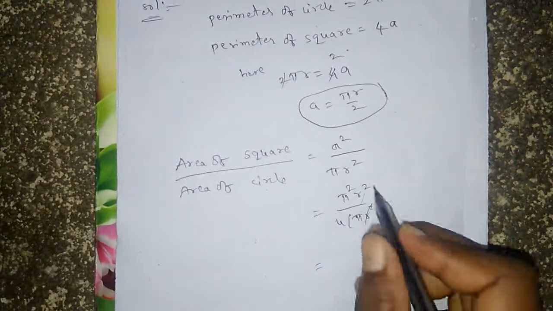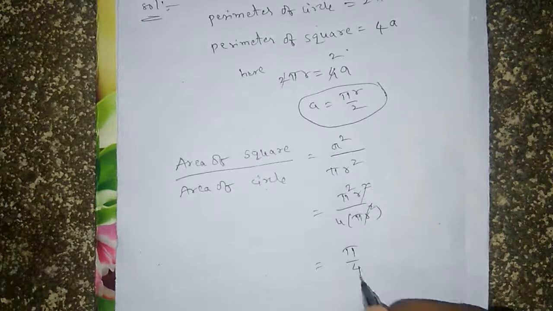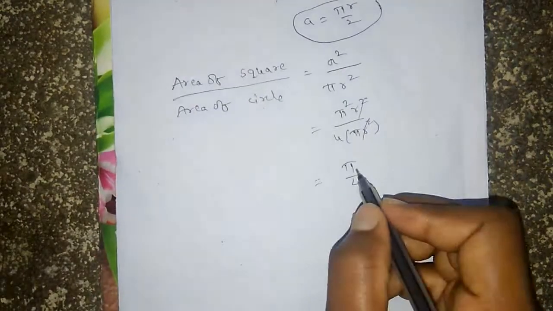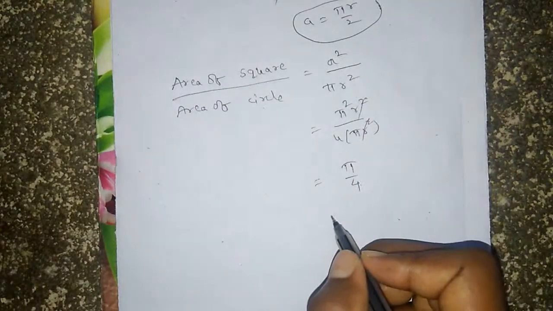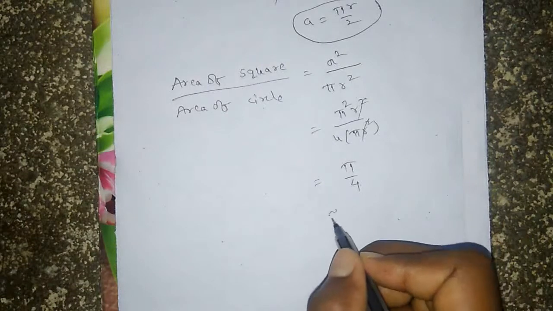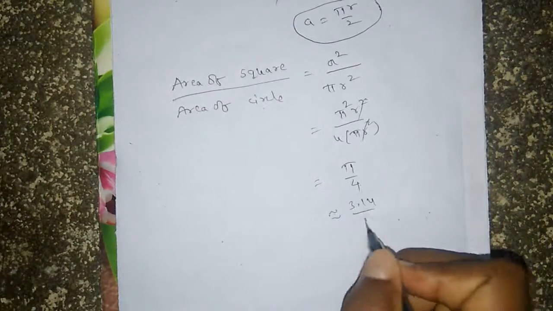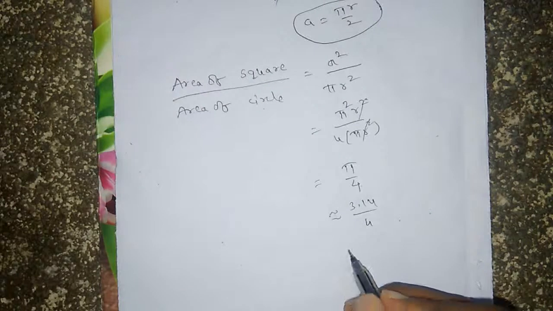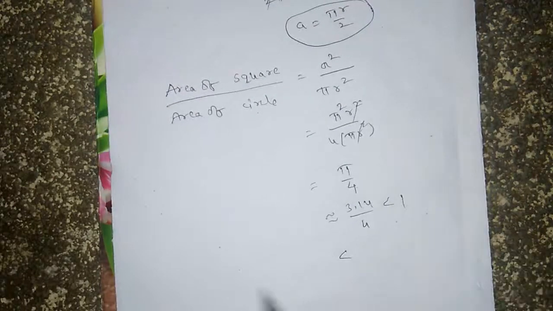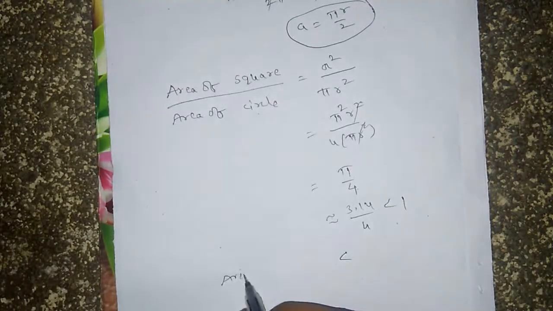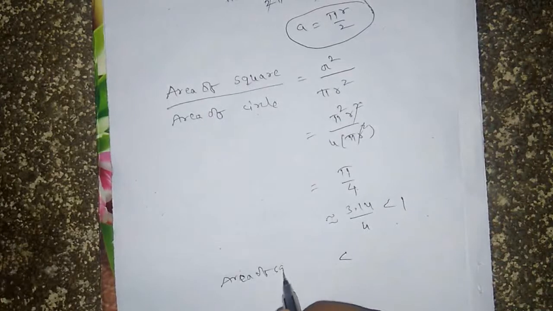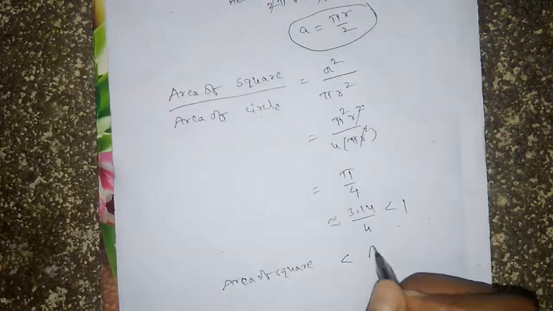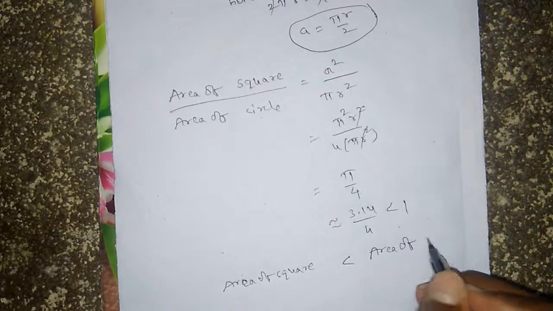You see here r square gets cancelled, 1 pi gets cancelled, pi by 4. Here pi value is 3.14 approximately, 3.14 by 4. So here the numerator is smaller, therefore its value is less than 1. Therefore the area of the square is less than the area of the circle.